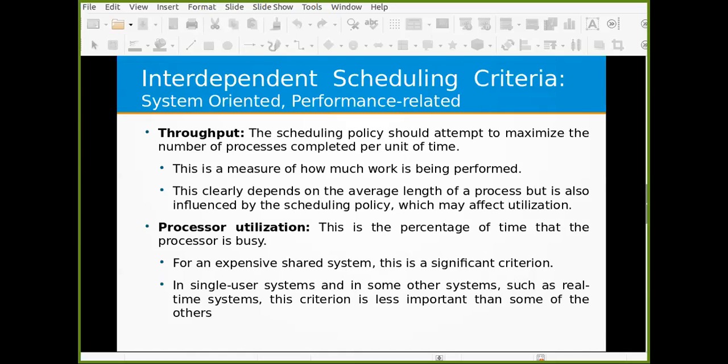Like in real-time systems, meeting deadlines is more important than processor utilization, because real-time systems or embedded systems are made for a specific purpose. So if the processor is not utilized properly, it's okay, but the job must get done as per the deadline. A simple example of a real-time system that I can give you is a missile system, the operating system that you have in missiles. What is more important, processor utilization or meeting the deadline?